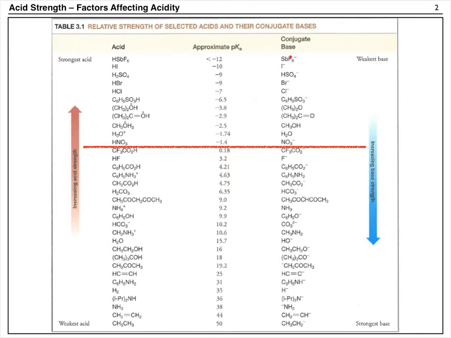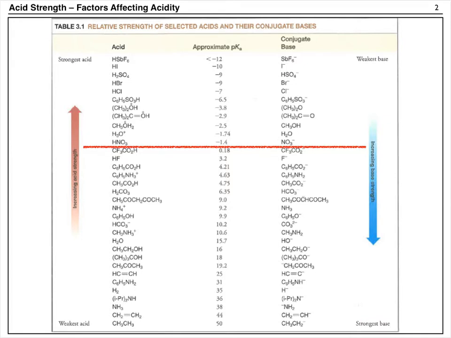As we go down this column, you can see that some of these bear negative formal charges, some of those are neutral. That means the starting acid has a positive formal charge, and when it loses a proton, it ends up neutral. As we scroll down, we're increasing in base strength. This anion here is the strongest base there is. So the weakest acid has the strongest conjugate base.